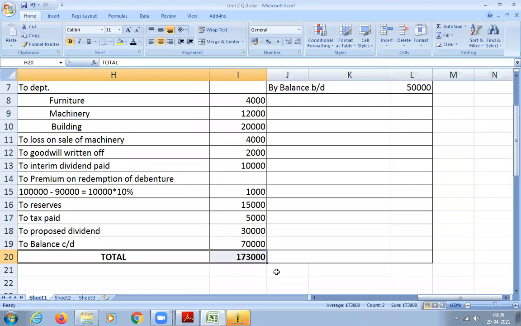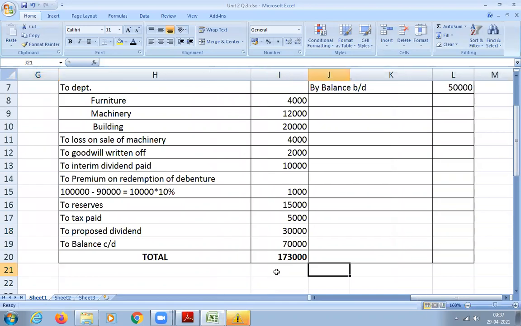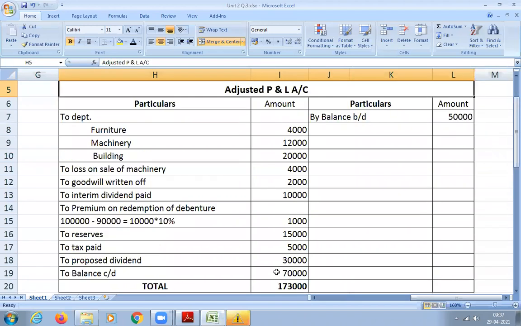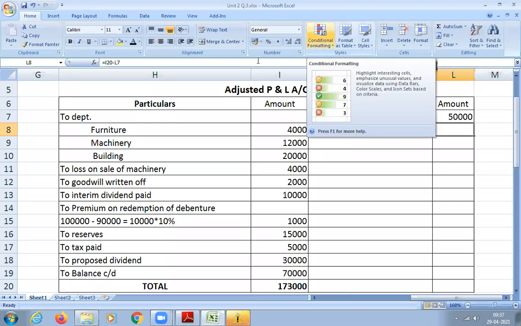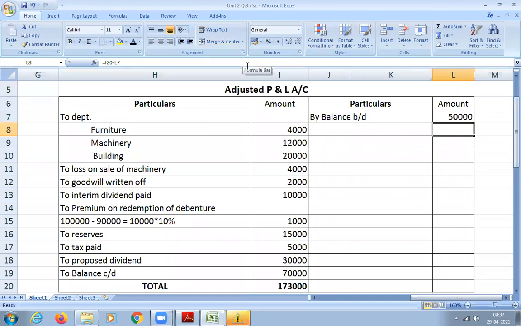Yes, sir. Did all of you get 1,73,000? Or did you get a different answer? Okay, now calculate the balancing figure. Sir, fund from operation 1,23,000. Okay, others, how much are you getting? 1,23,000.